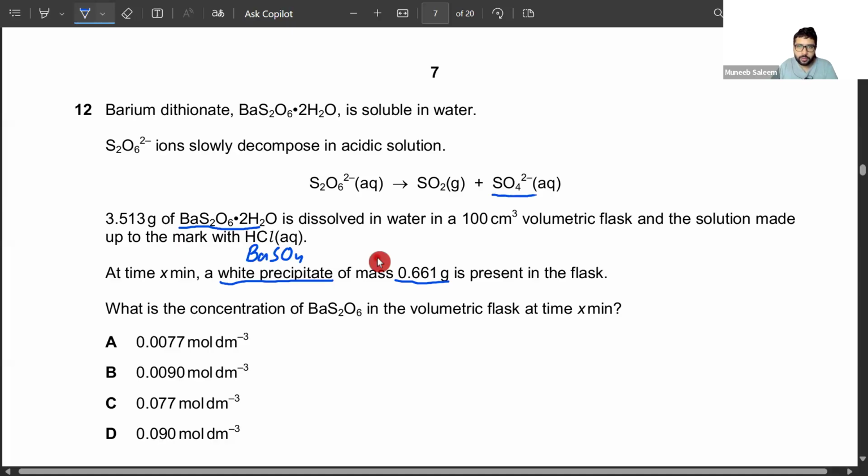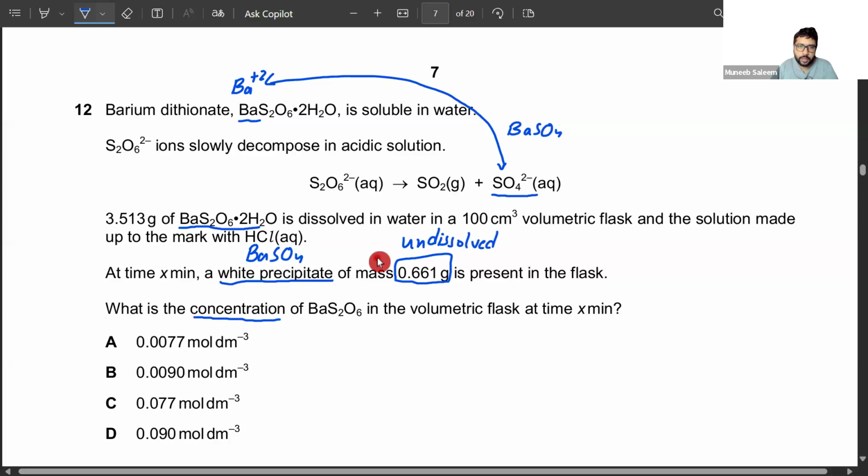Because there were sulfate ions present in the solution, and the solubility of this compound produced the barium ions. So the barium 2 plus ion, when reacted with the sulfate ion, produces the barium sulfate. So this is an amount that has to be taken out from the barium dithionate, because this much is not dissolved. This much is undissolved in the flask, and we have to determine the concentration.